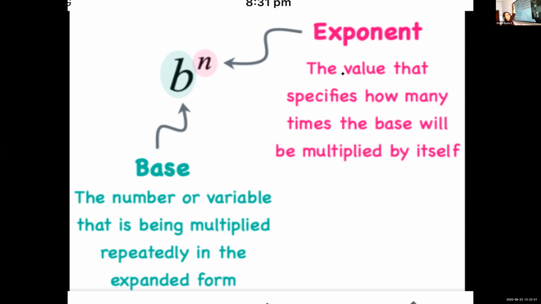B raised to n. Here B is base and it is a variable. Here B is multiplied n times. So base can be a number or a variable that is being multiplied repeatedly in the expanded form. 2 raised to 3, we will write 2 into 2 into 2, 3 times.